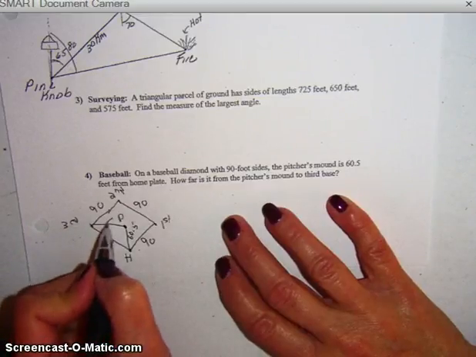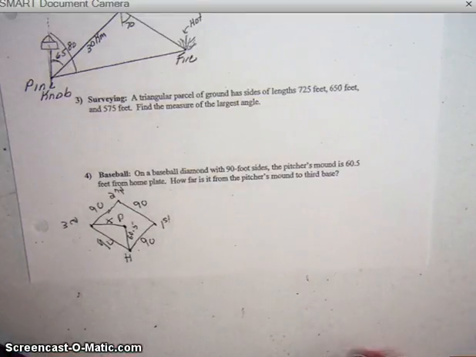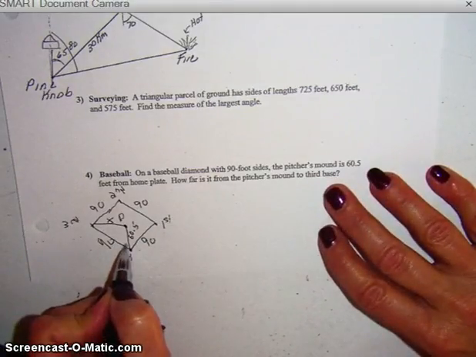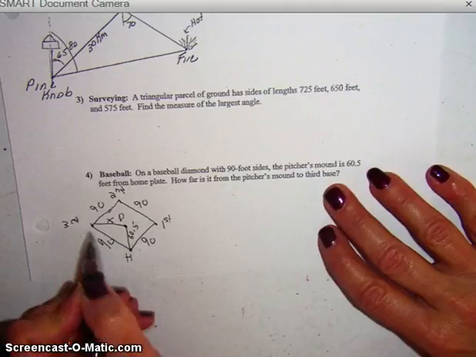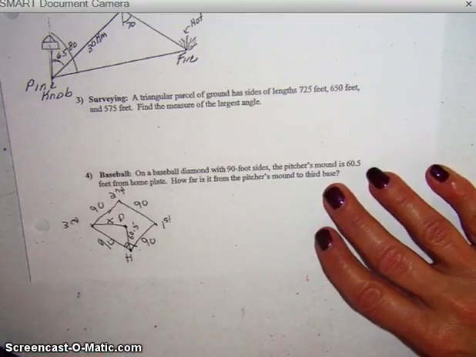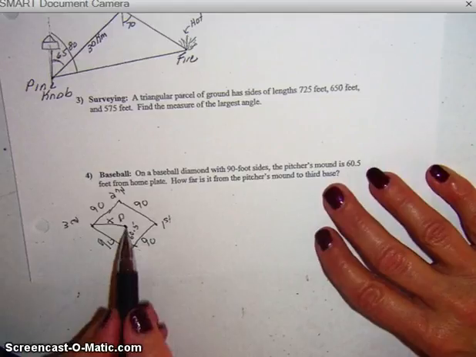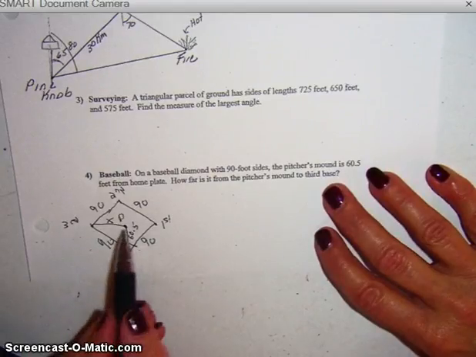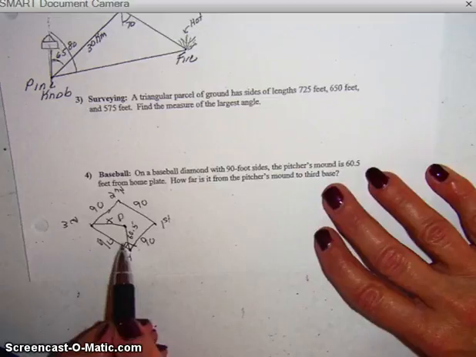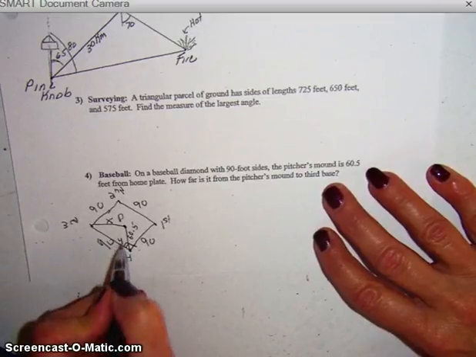Let's call that X. So they want us to find X. Now, can we assume that this is 90 degrees right here? Yes. Okay, so this is 90 degrees right here. Can we assume that this 90 is bisected into two equal angles? Yes. So this angle is 45.